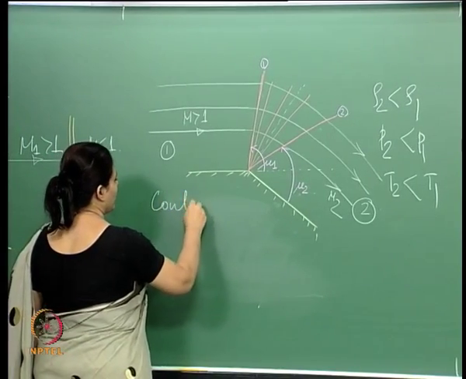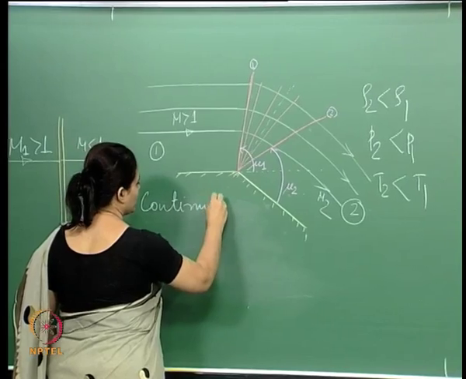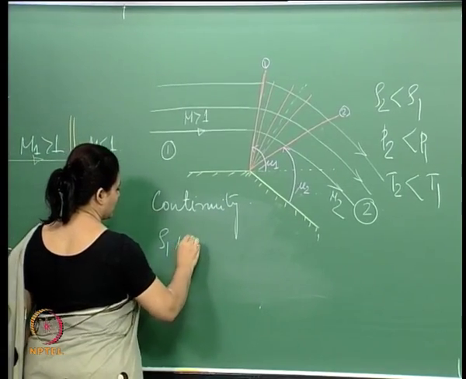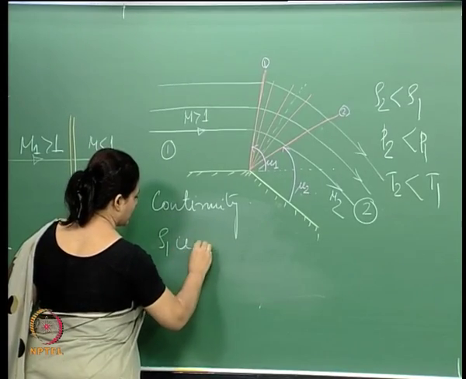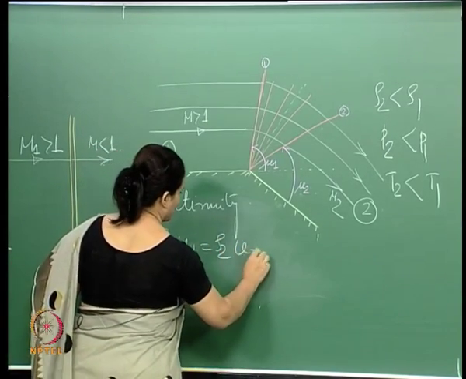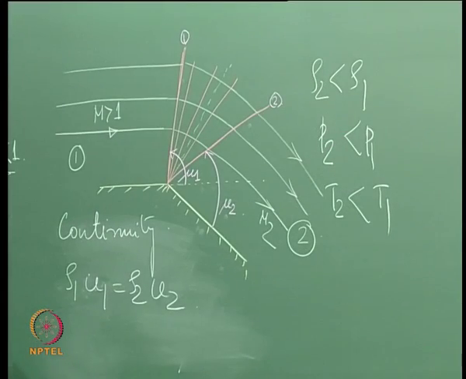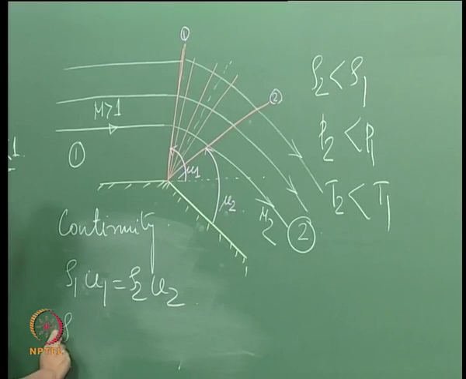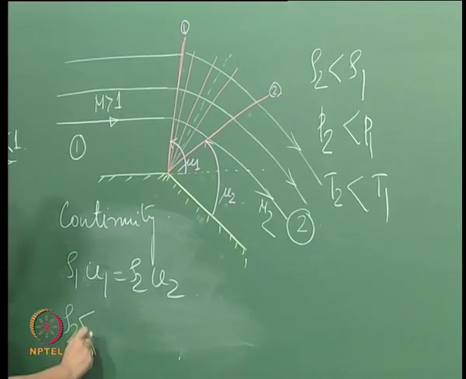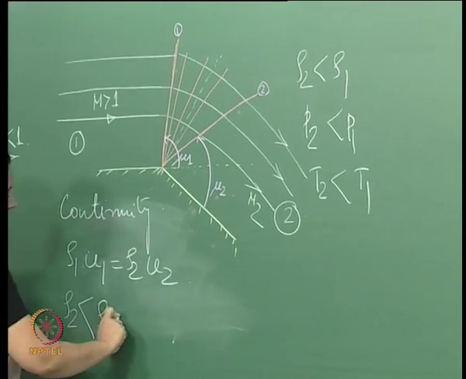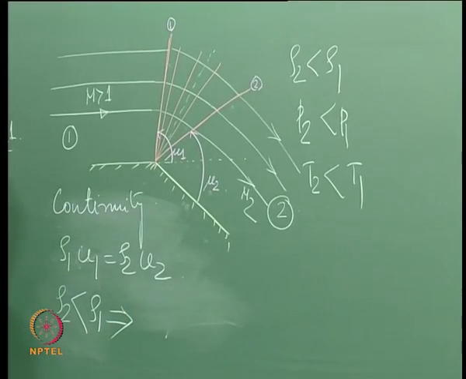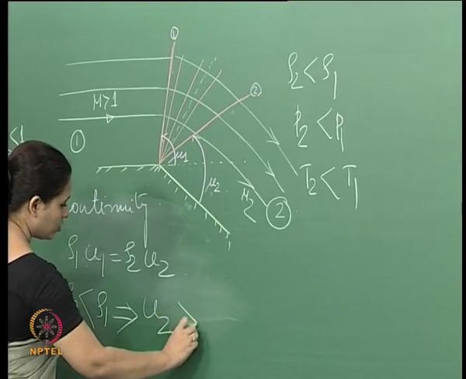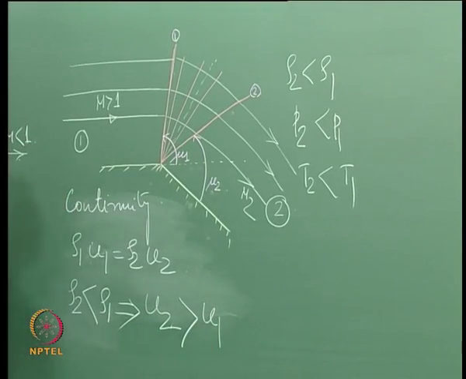So we have the continuity equation, which is rho1 u1 is equal to rho2 u2. But what happens here is that rho2 is less than rho1. What this implies is that u2 is greater than u1.